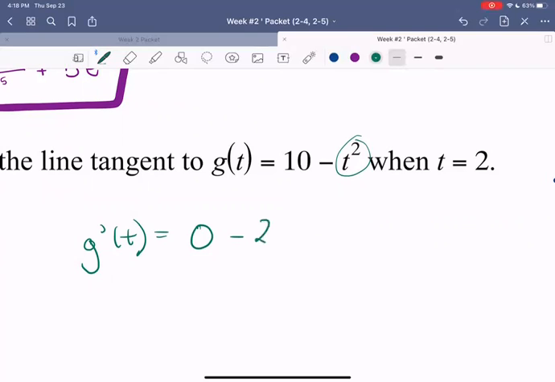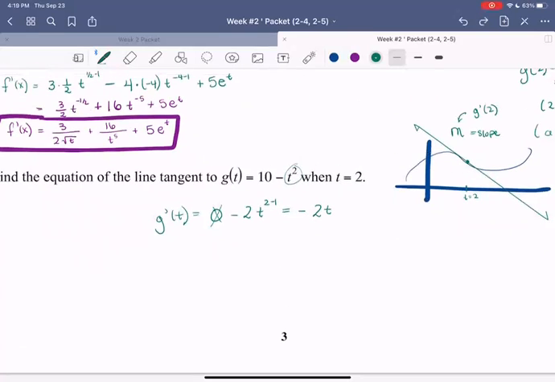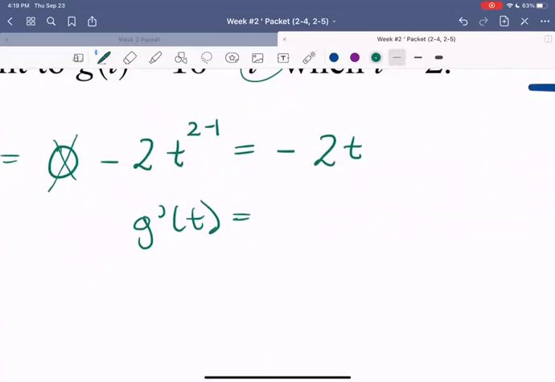The 2 comes down, then we have t to the 2 minus 1. Let's clean this up a bit. We can remove the 0 and just write negative 2 t to the 1, or t if you'd like. So the derivative as a function is g prime of t equals negative 2t.